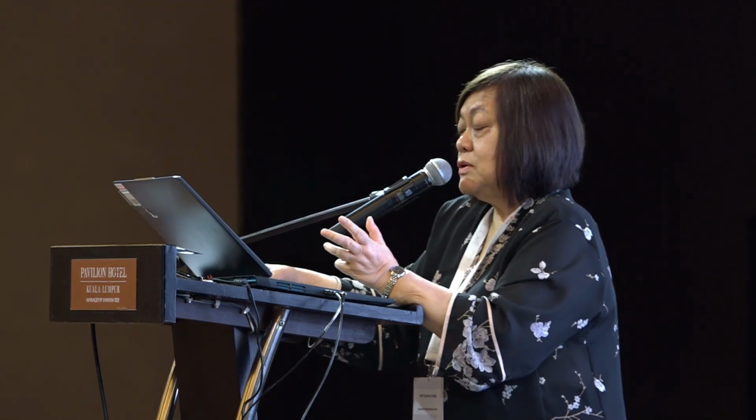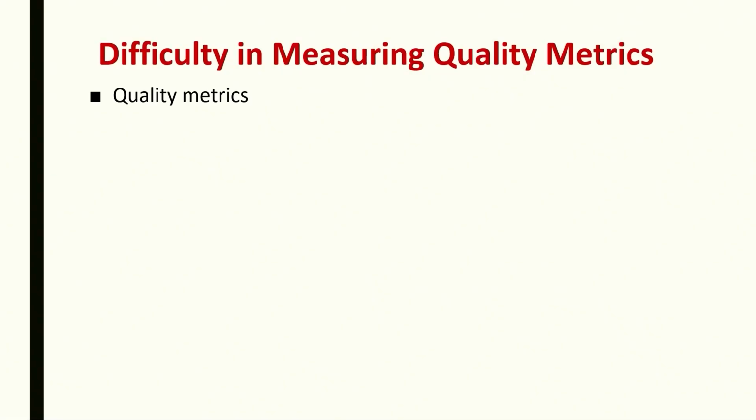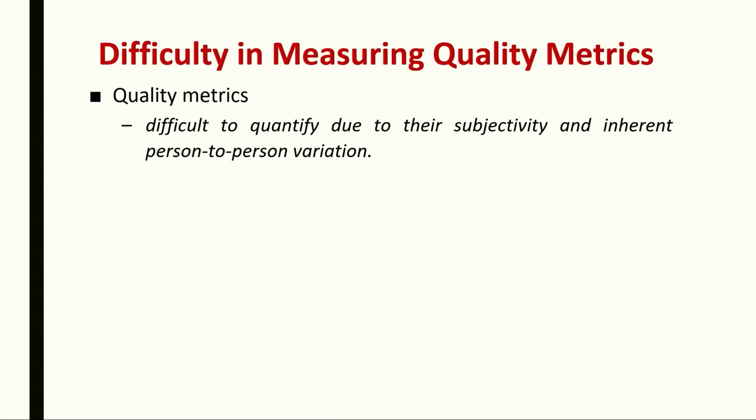So what do you mean by quality metrics? Basically, when you want to try to quantify what is initially subjective, and worst case, when it relates to person-to-person variation. Somebody sees it as positive, somebody sees it as negative. Some see it as not so positive, more like negative. How in heavens are you going to quantify that? All right?